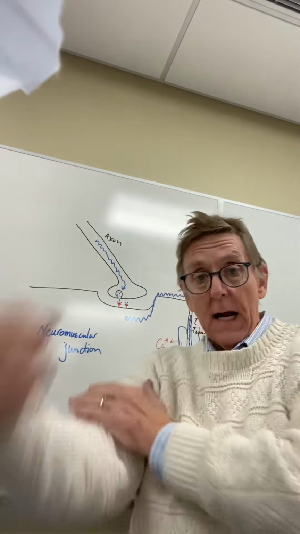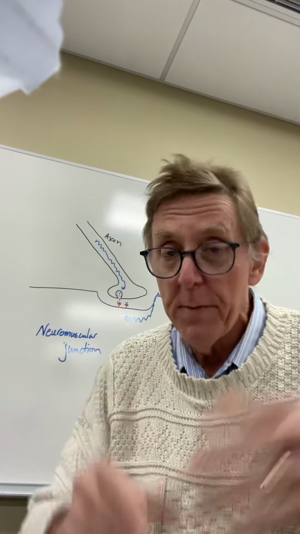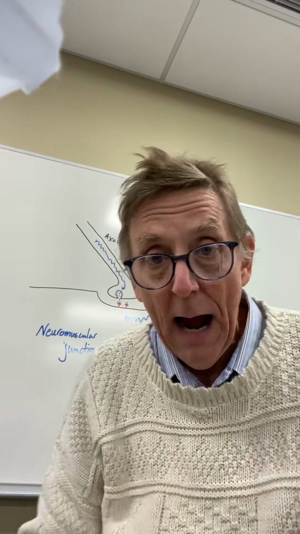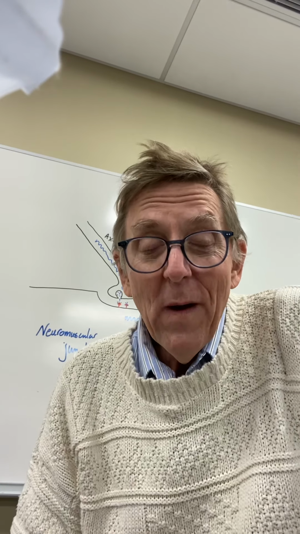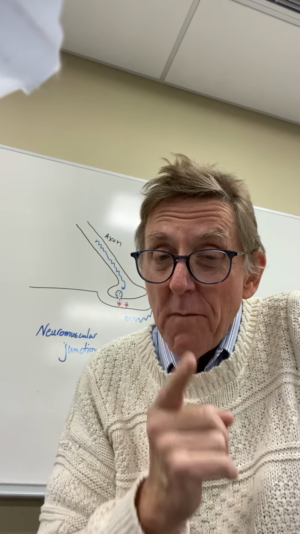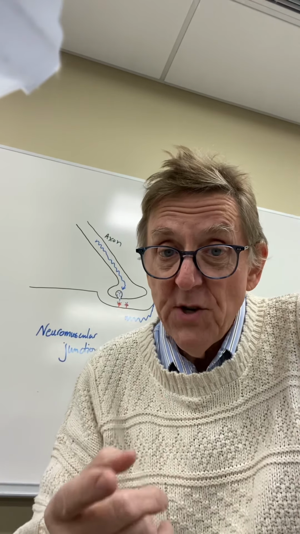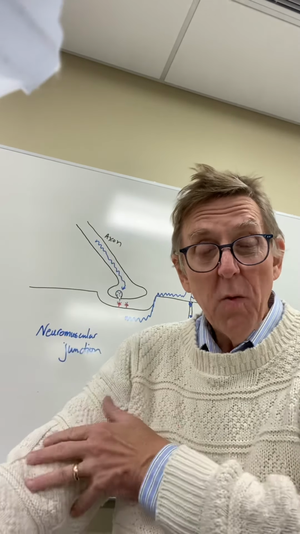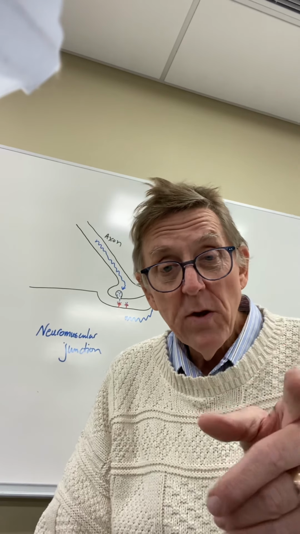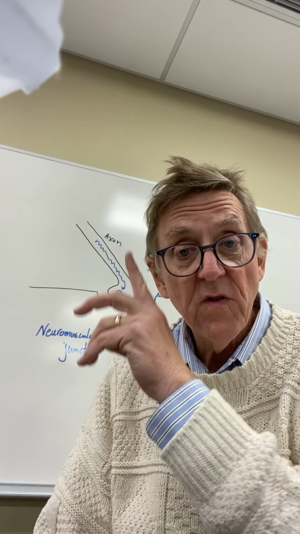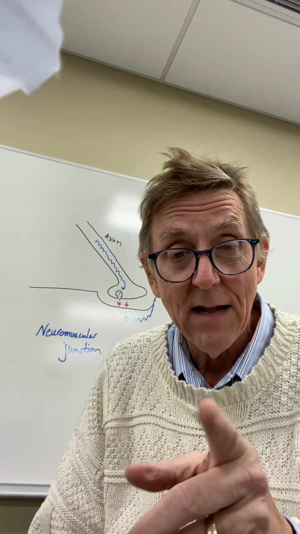Now, later on, I'm sort of getting ahead of myself, but what the heck, you've already heard it in an hour and 20-minute presentation. So we'd said that a graded contraction, one where you only partially contract the muscle, is where you have only used some of the motor units.